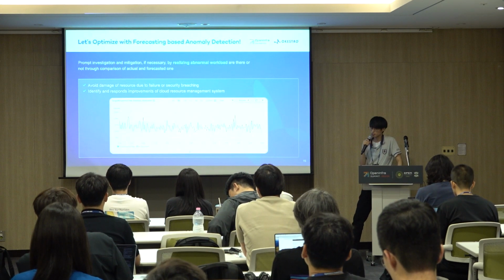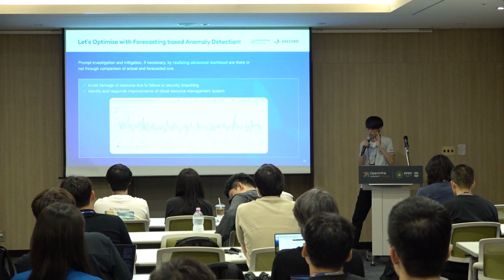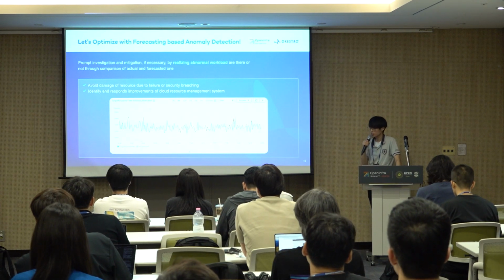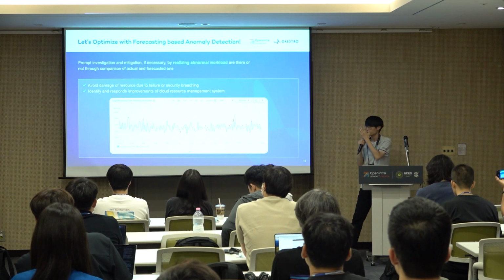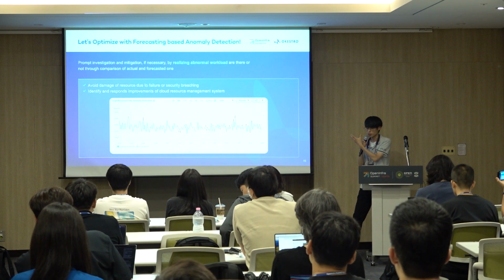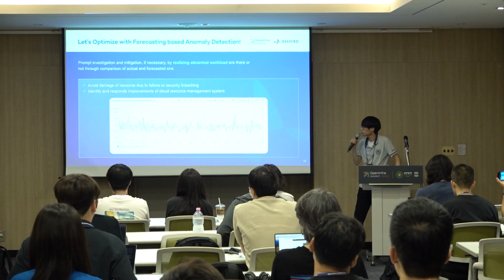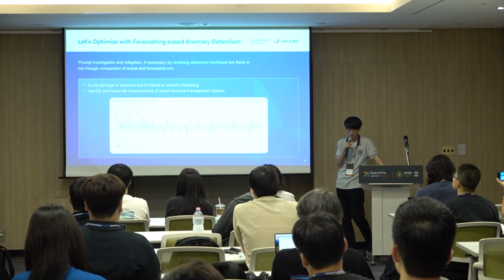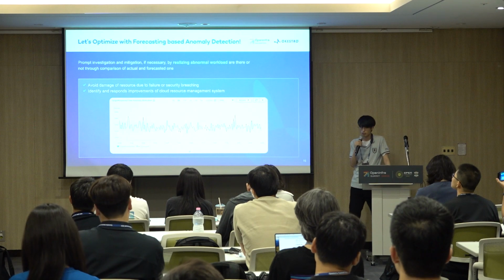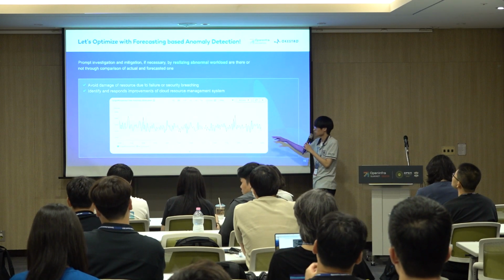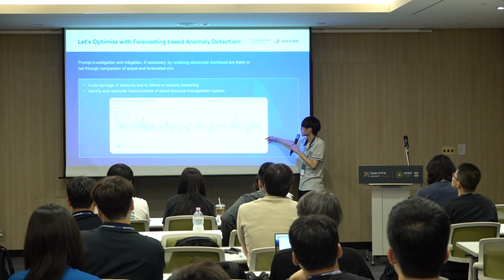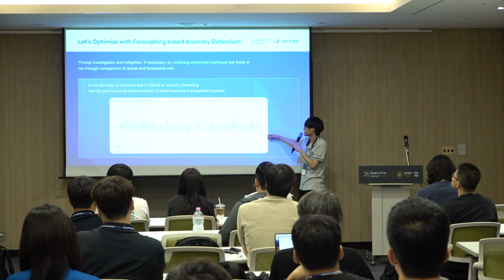It can also assist in anomaly detection by identifying potential failures through the comparison of predictions and actual workload, and support continuous improvement by enabling ongoing monitoring and assessment of the optimization effort. This is one example of AWS anomaly detection.